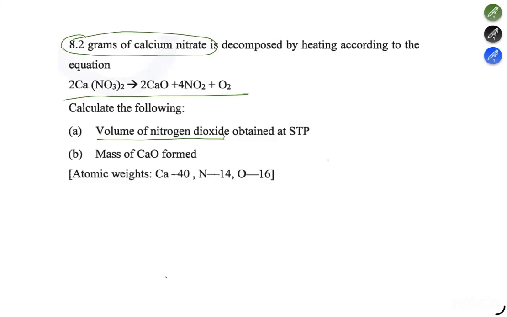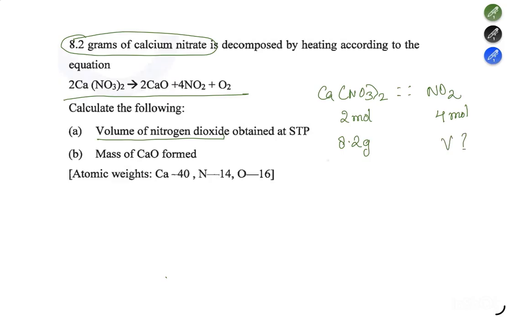So what you have to do, first thing, you write down the substance whose mass is given, which is the reactant here, calcium nitrate, to the nitrogen dioxide. Now what is the mole ratio in the balanced equation for this? So I can see here 2 moles of calcium nitrate produces 4 moles of nitrogen dioxide, but in the question they have given the mass of that, and they are asking the volume of nitrogen dioxide.